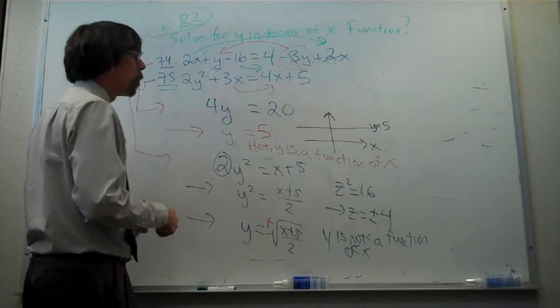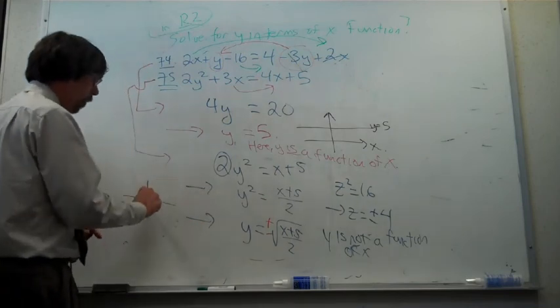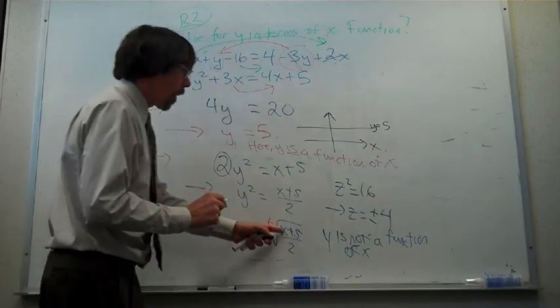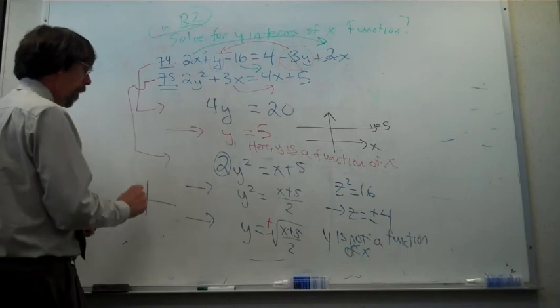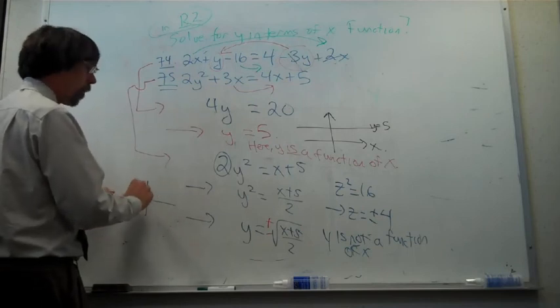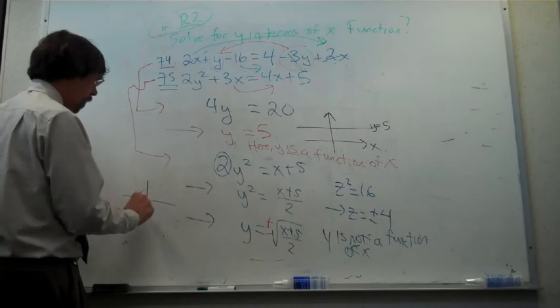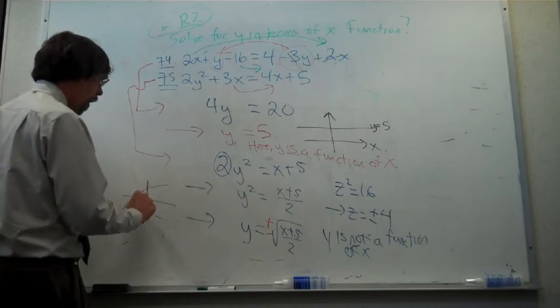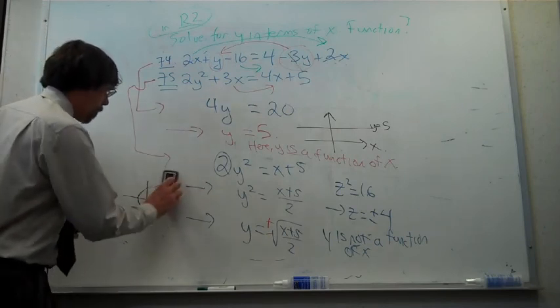I'm going to try and draw a super quick sketch of that guy. The square root function looks like that. The x plus 5 looks like you shifted over. X plus 5 over 2 is going to do something like that. Now, I'm sorry about that.